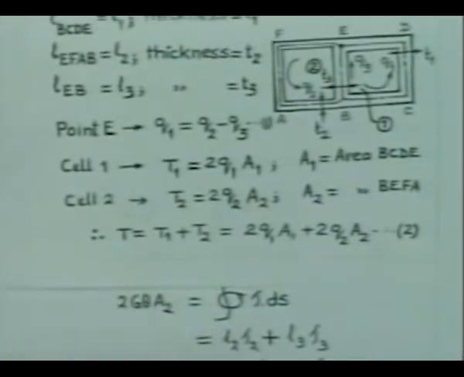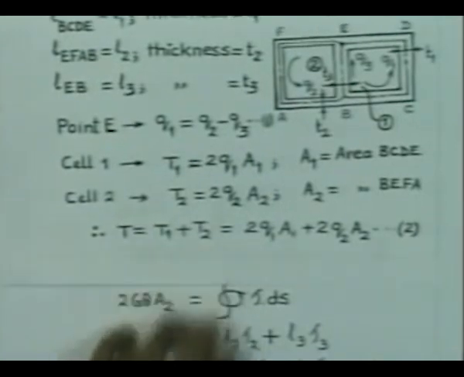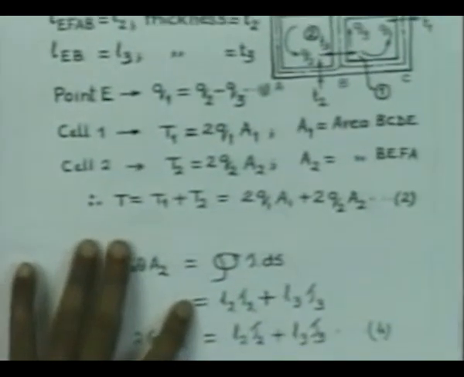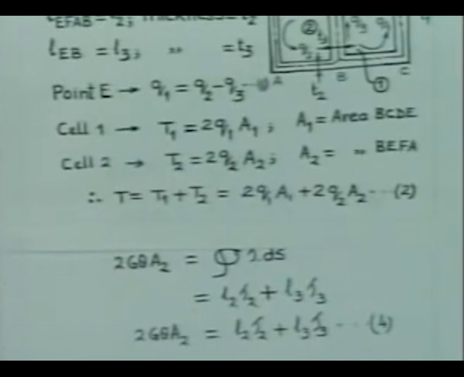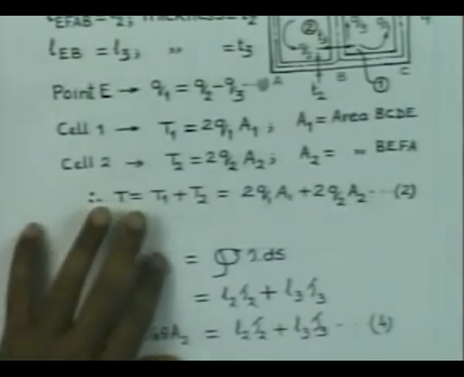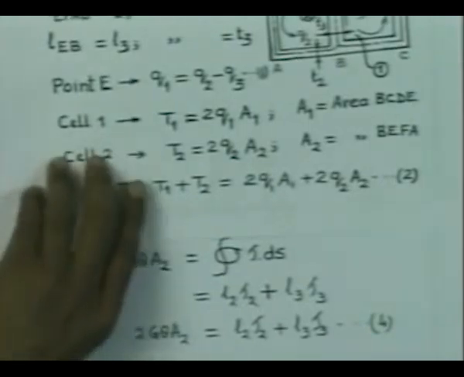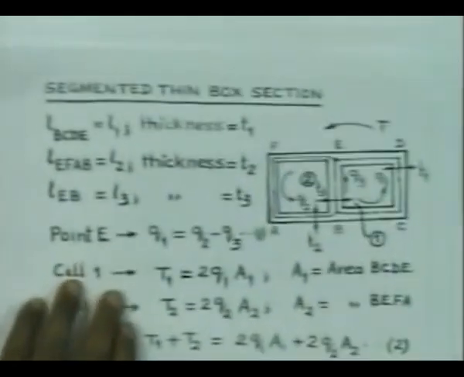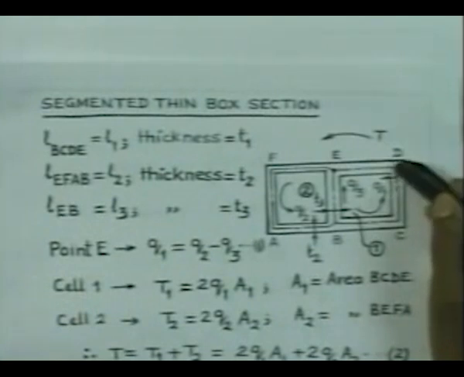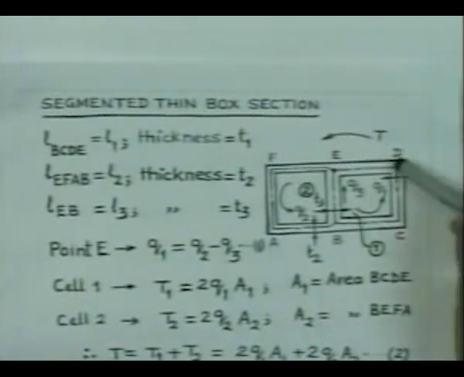One point I must tell you is that this analysis is approximate, it is not to be taken as exact. The very fact is that the stress at the corner, we know, is going to be 0, but in this analysis it is assumed to be non-zero.